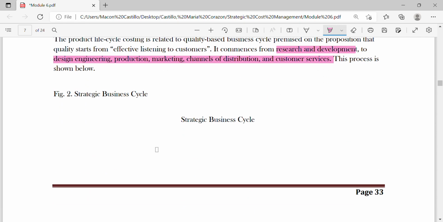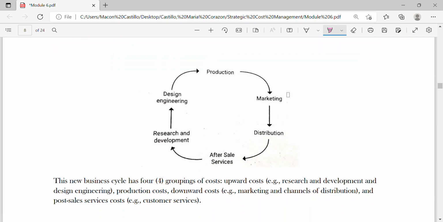So if we look at the strategic business cycle considering these activities, it will start with research and development. You will conduct researches. You'll try to develop the product that your customers wanted and needed.